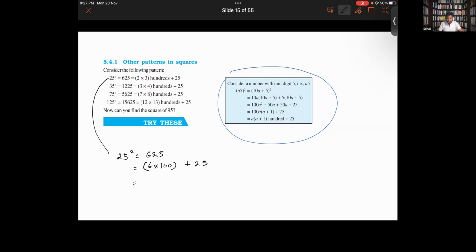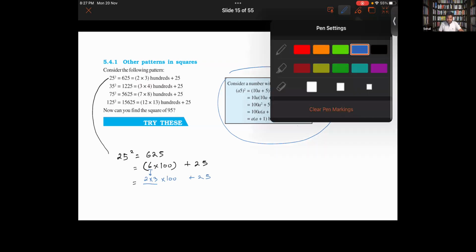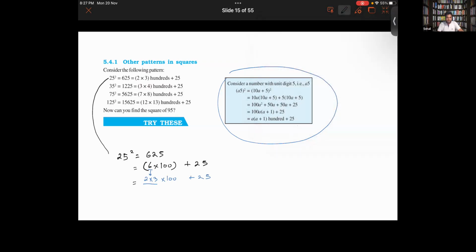Later on, can I write the 6 as 2 times 3? Yes, I can. I can write it like this also: 2 times 3 times 100 plus 25. So we can also expand it. Basically, in fact, that is what we have done here.